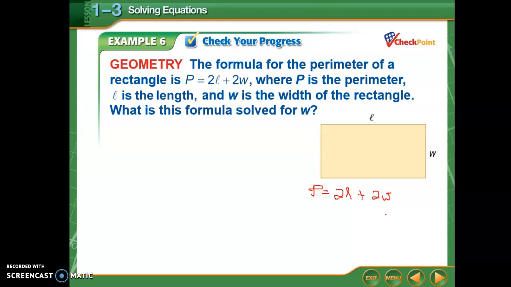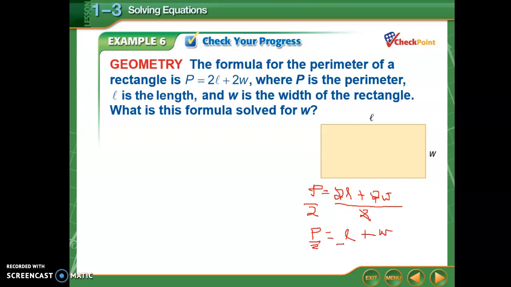So, leave W by itself. Okay? Alright. So, what are you going to do first? There are many ways of doing this. You can divide both sides by 2 to get rid of the 2. So that will give you P over 2 is equal to L plus W, since this 2 will cancel out.